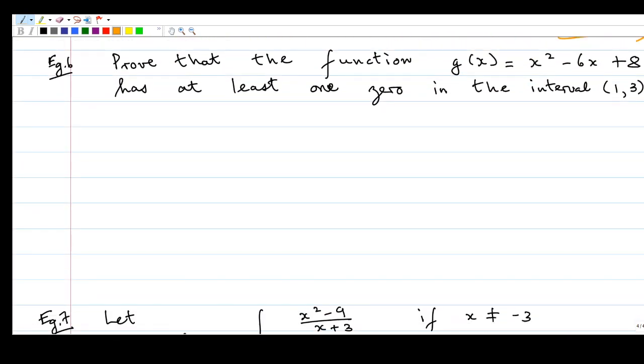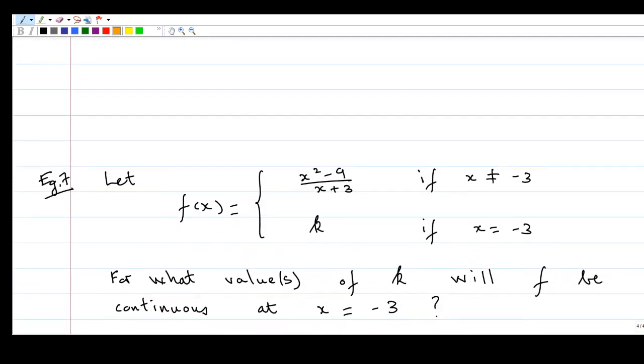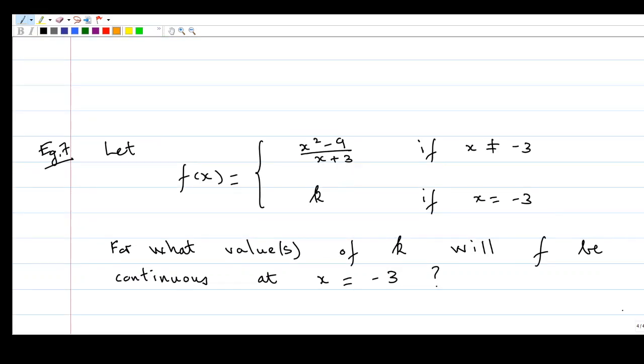Number 7, let f of x equal the split function over there. You can see it's not defined at -3, and at -3 you get a value of k, that's what they're calling it. And when x is not equal to -3, your f of x is equal to x squared minus 9 all divided by x plus 3.